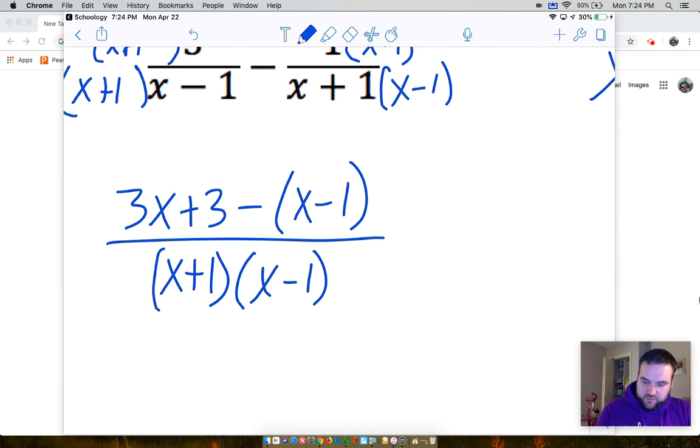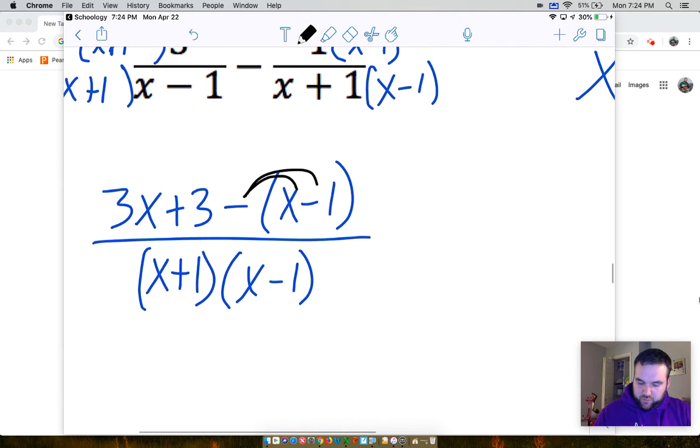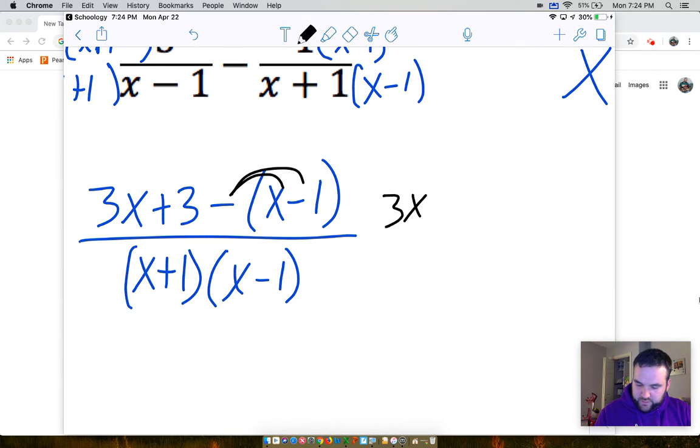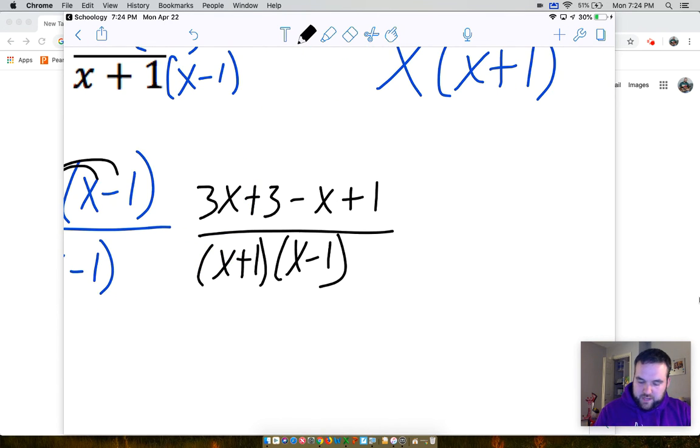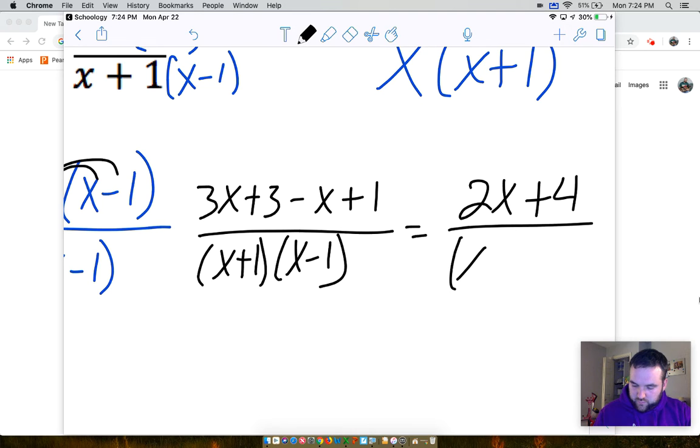So here, if I distribute that minus sign to that and that, I end up with 3x plus 3 minus x and then plus 1, over x plus 1, x minus 1. So then 3x minus 1x, that is 2x. 3 and 1 make 4, over x plus 1 times x minus 1.